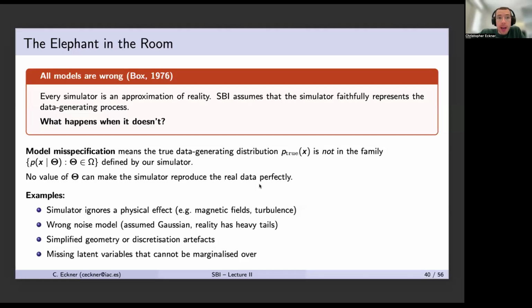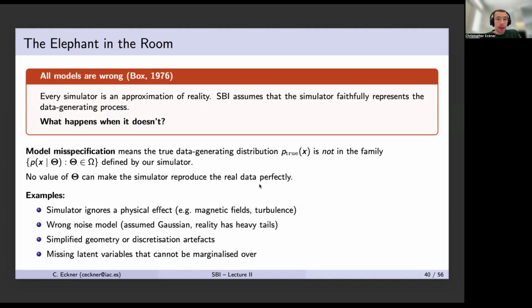So the question is, what happens when it does not? And this is called model misspecification, meaning that the true data that you take as your observed data is simply not within the distribution that your model can generate. So, in other words, your simulator does not produce realistic data.